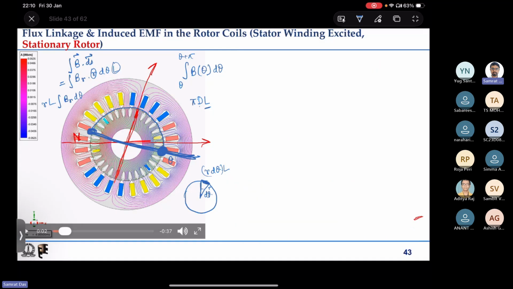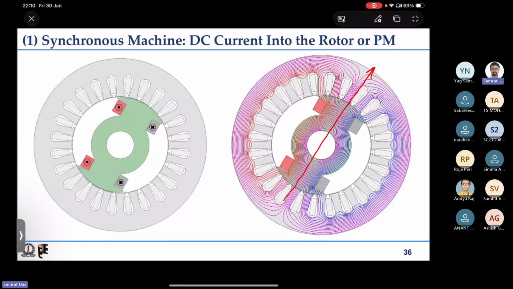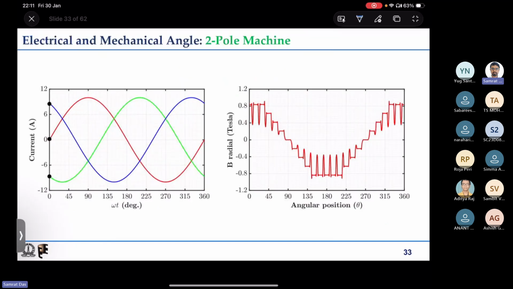So basically if I go back to any one of those B theta curves, yes, we have some B theta curve like this. Suppose our rotor conductor at some given instant has one side at 45 degree, and another side will be 180 degree ahead, that is 225 degree.